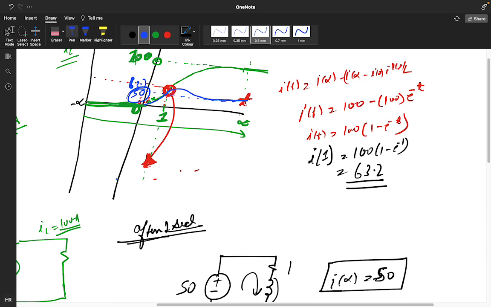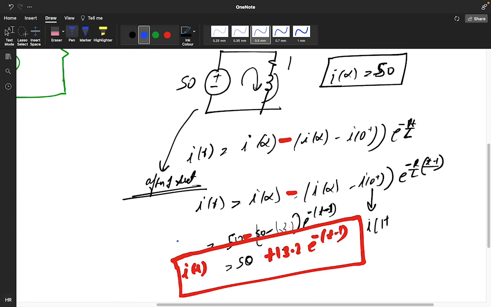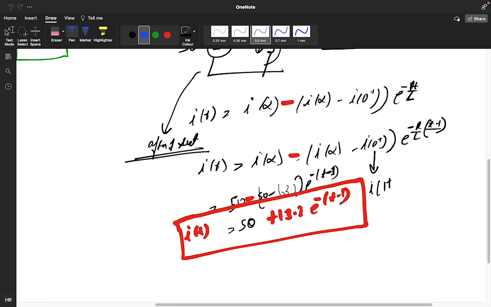You understood now why we use t minus 1, because of the 1 second delay. After 1 second delay, that's why we substituted wherever t is there in this equation. If the delay was 2 seconds, it would be t minus 2.